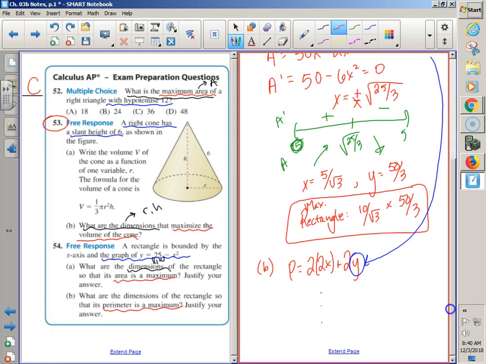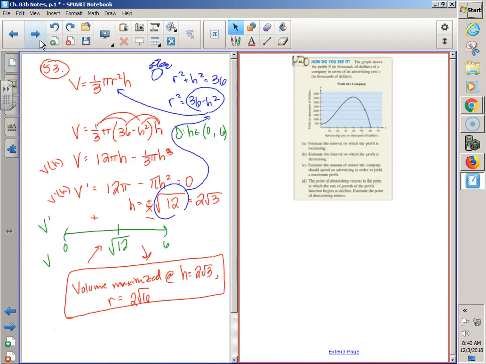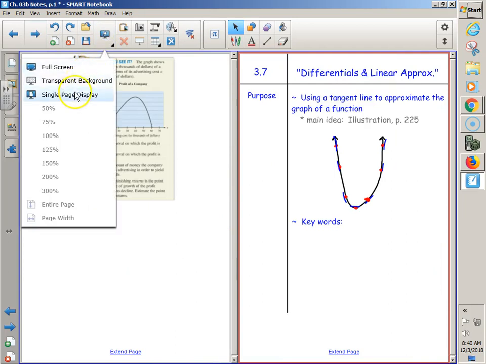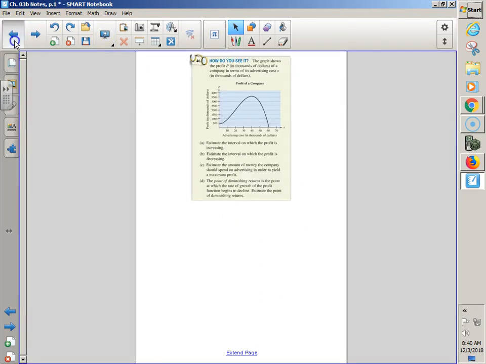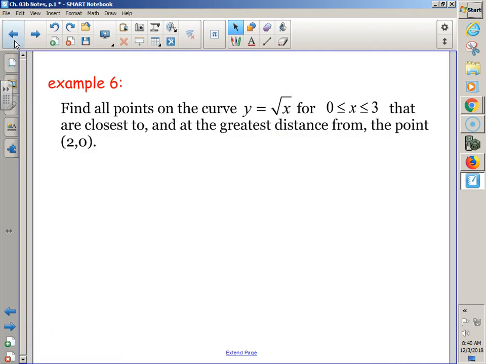Sound good? Okay. At this point, we're going to go back to our notes. And we're going to grade optimization and the rest of the homework tomorrow because we're running out of time with chapel day. And that's okay. We're going to introduce section 3.7. There was one problem we didn't get to. It has to do with closest and farthest. You should have already done your Google Classroom submission this morning without doing the closest or the greatest.